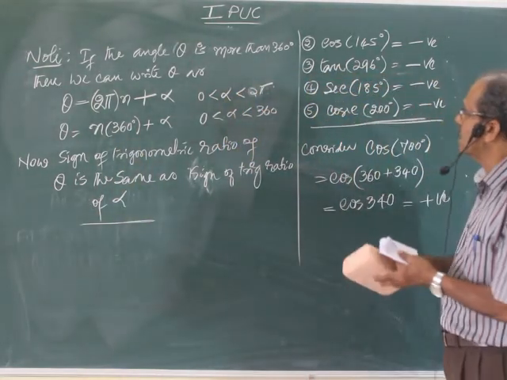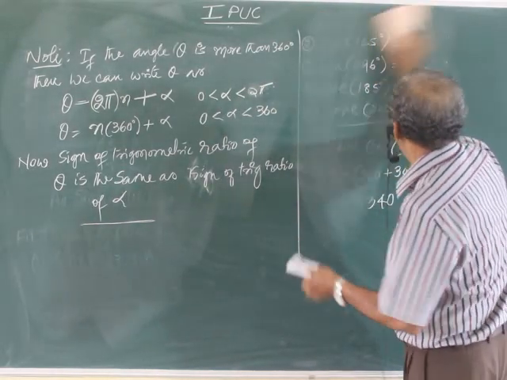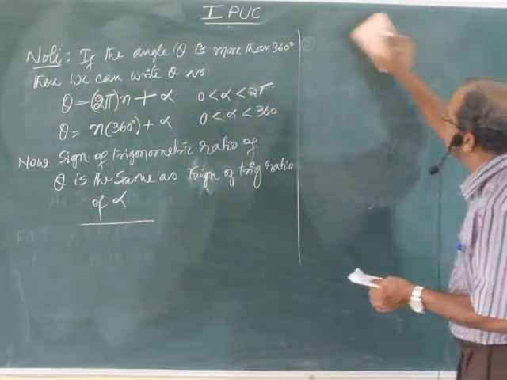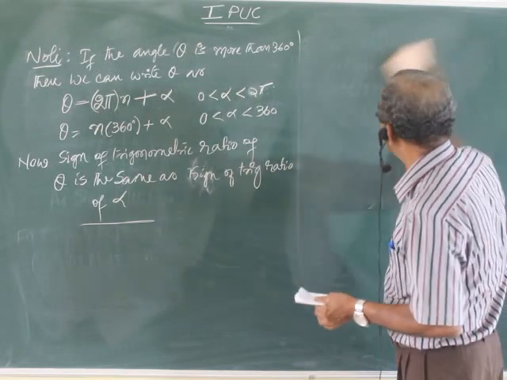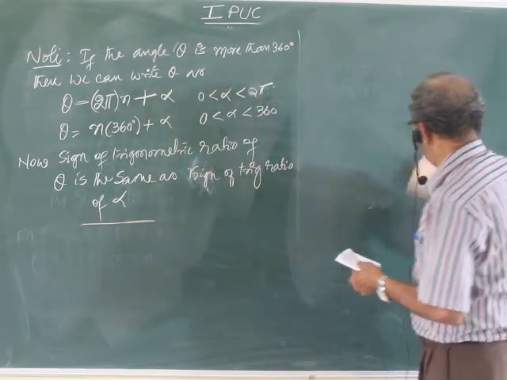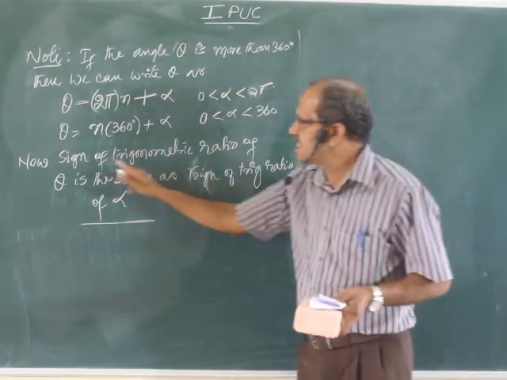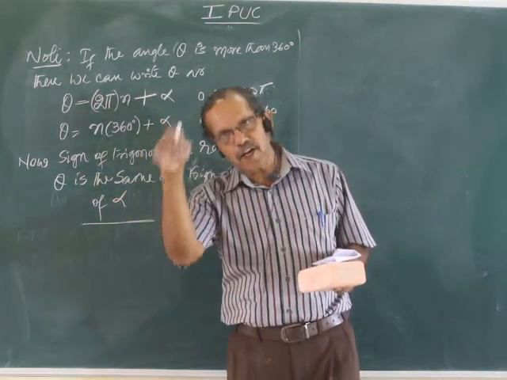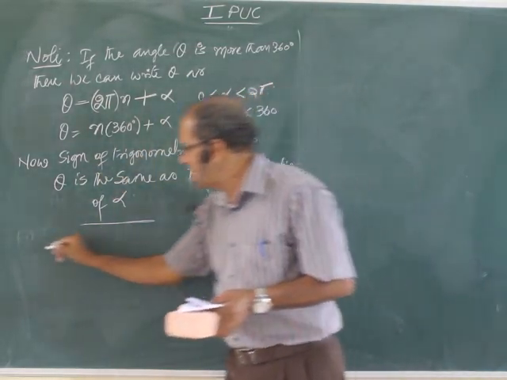Let me give some more examples so that the idea will be clear. The angle will be greater than 360. Not only the sign, the value of the trigonometric ratio is also the same.